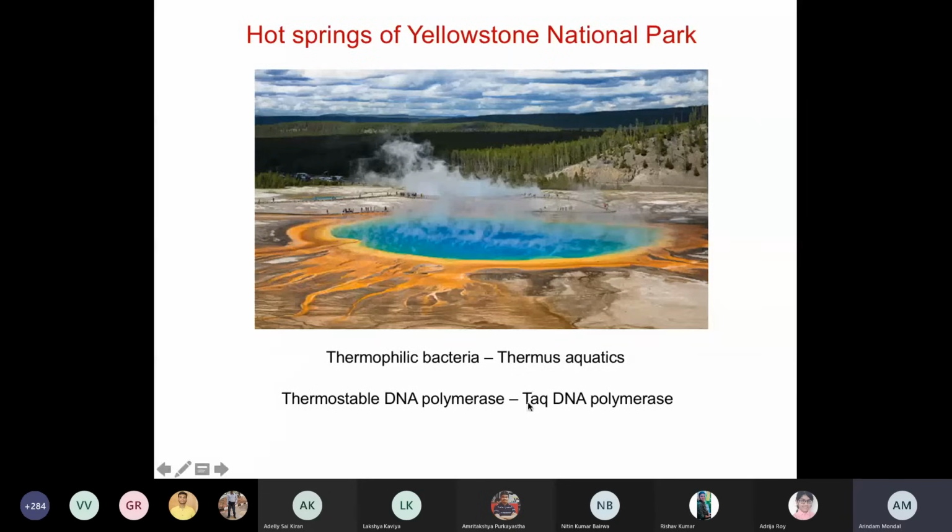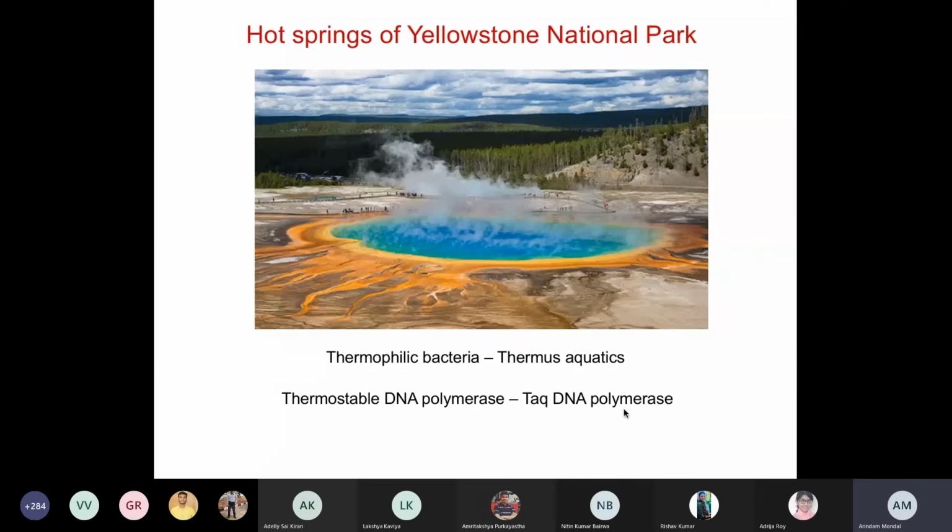So they have isolated a particular bacteria called Thermus aquaticus. Okay. And from there, they have isolated the DNA polymerase and studied its activity. What they saw, as per their expectations, is a polymerase named after Thermus aquaticus as Taq DNA polymerase, which remains stable at 95 to 100 degrees centigrade.